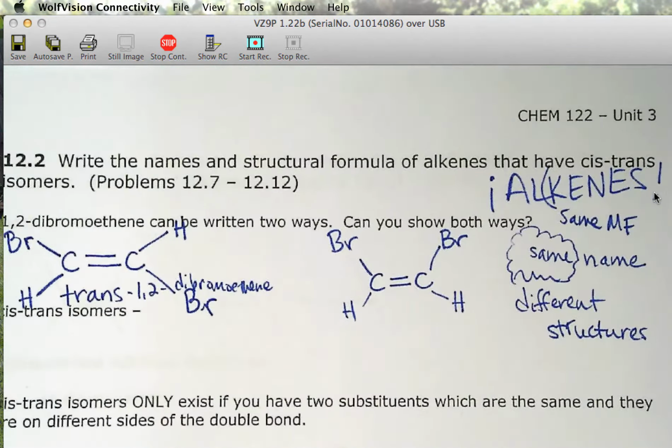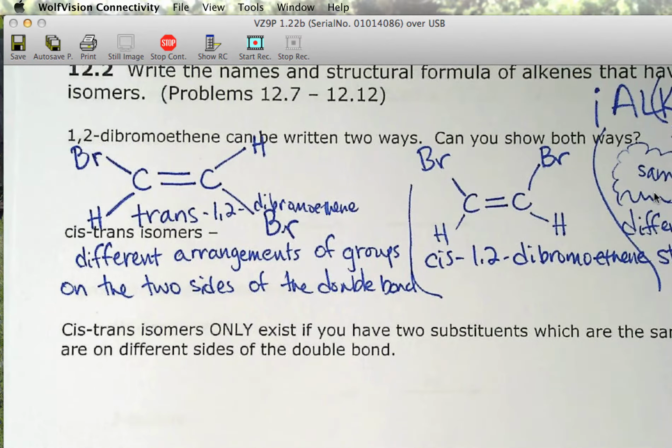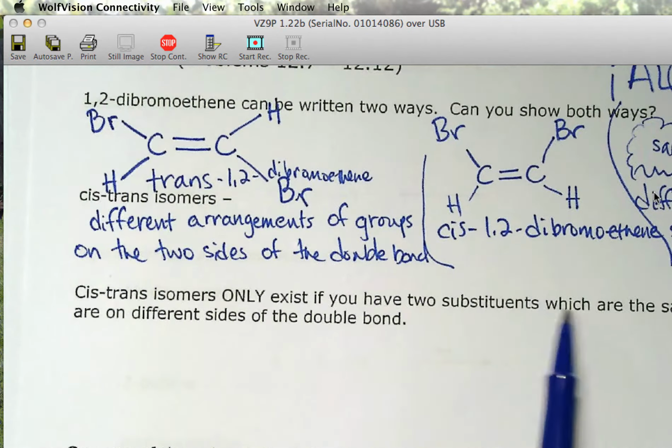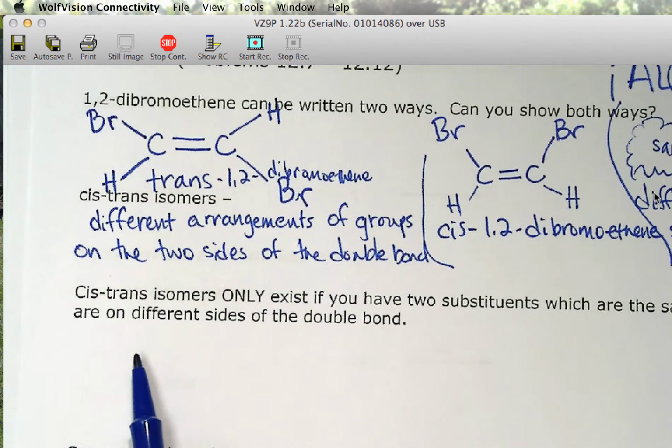For our purposes, yes. We keep it simple. When you get into higher level organic chemistry, there's something called the EZ isomers, where you can have a huge structure and double bonds, and then you have to do the ranking, priority, what's across. We don't get into that. But the main thing with cis-trans isomers, they only exist if you have two substituents which are the same and they are on different sides of the double bond.